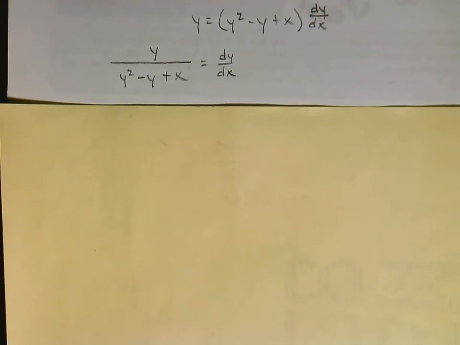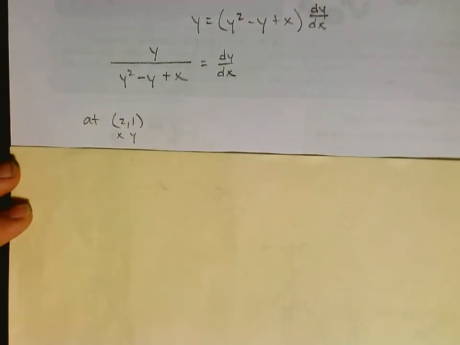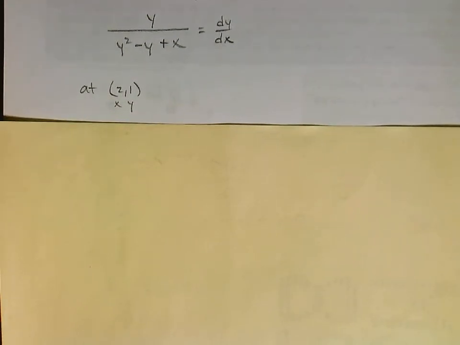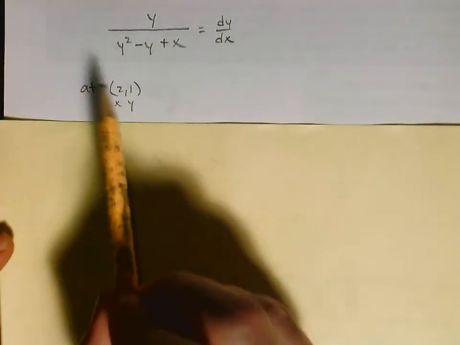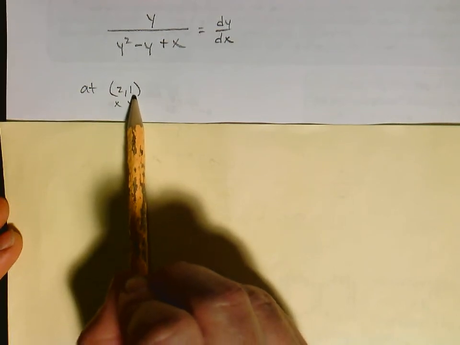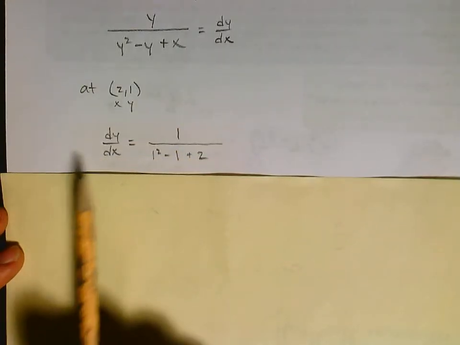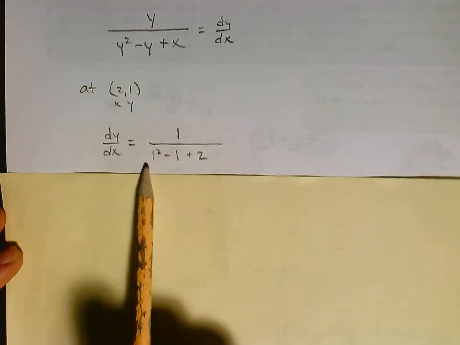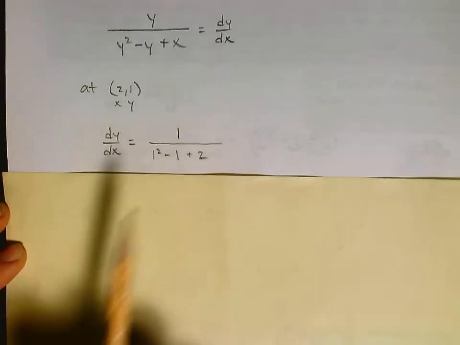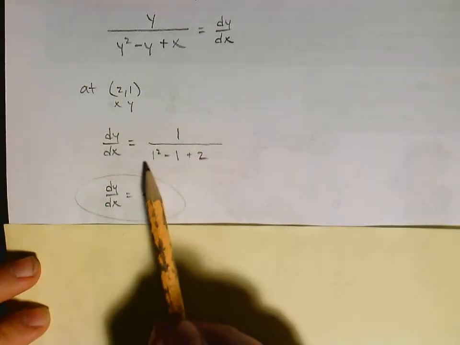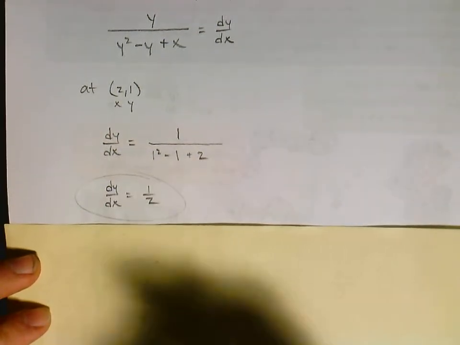Now we wanted to know the equation of the tangent line at the point (2, 1). So we need to begin with the slope at the point (2, 1). We can do that by plugging in our x is 2 and our y is 1 into our equation. So at that particular point, dy over dx equals 1 over 1 squared minus 1 plus 2. And these 1's cancel out, and we end up with just 1/2.